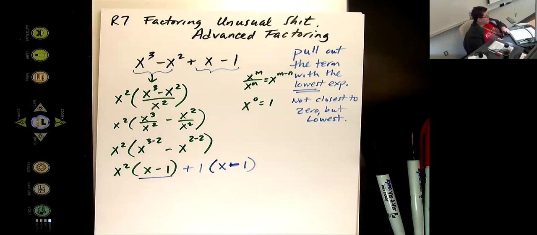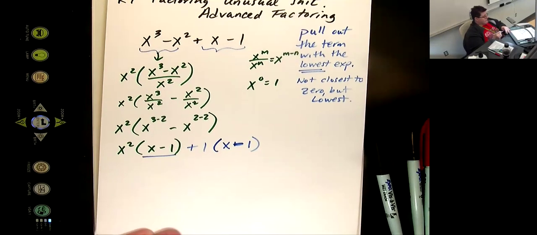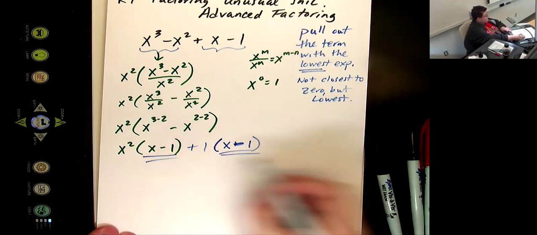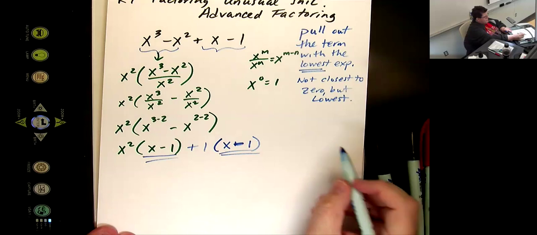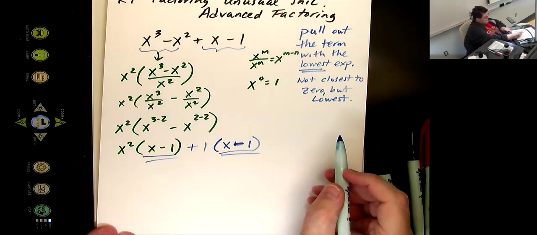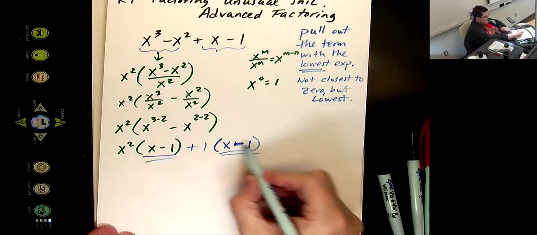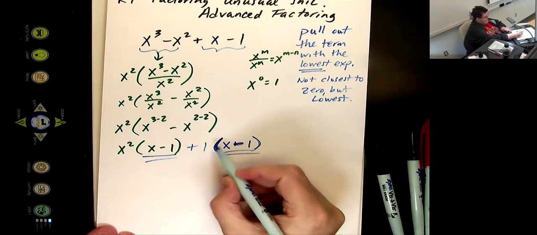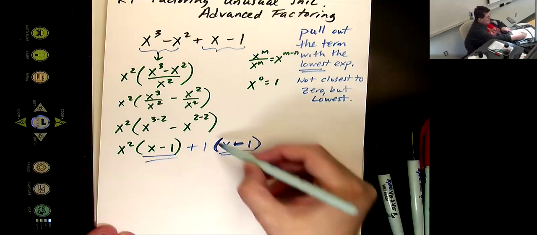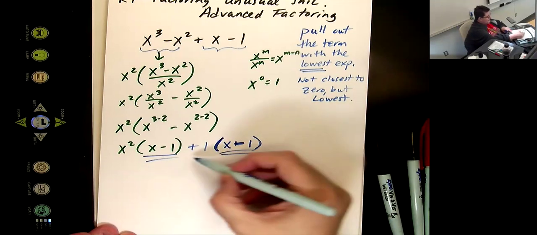So at the ending, we got this in both groups. Where do you get the positive one? It's supposed to be one positive, because if I want to put it in a group, I have to have something multiplied by it. I don't want to just say plus this, because the idea is to factor this out.